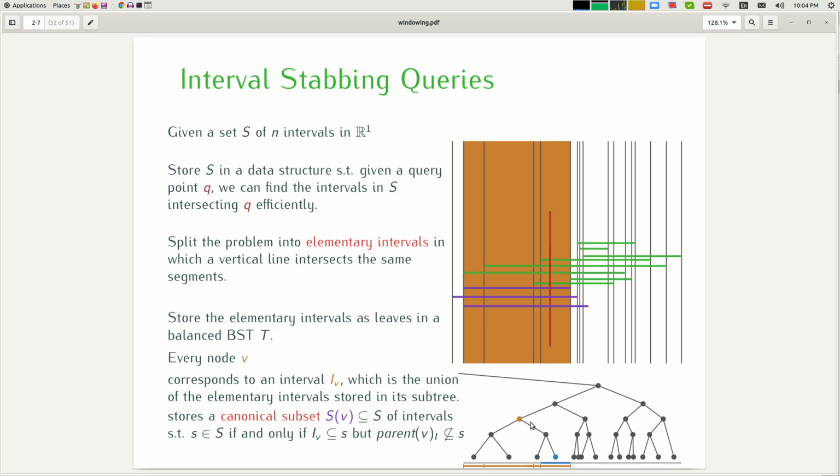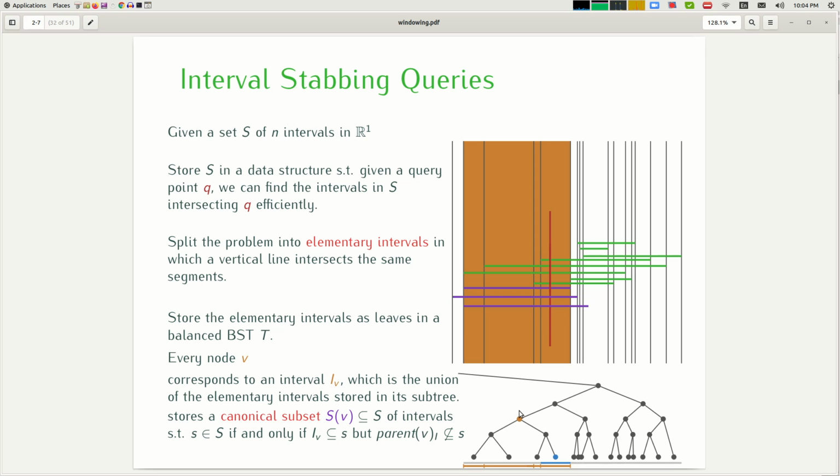Then for every node that I look at, including internal nodes, I allocate a canonical subset. This is very similar to the canonical subset that we looked at for range searching, except that in range searching the input was a set of points, so a canonical set was a subset of those points.